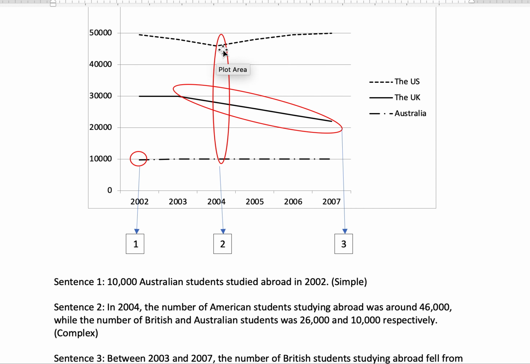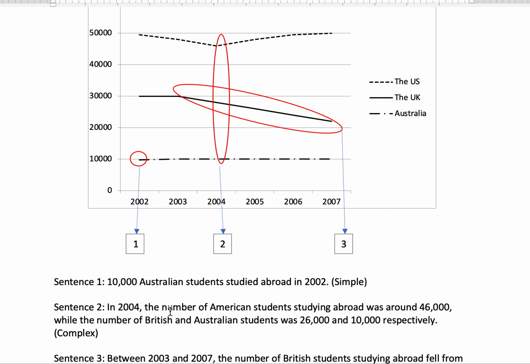So the number of American students was this much, while the number of British and Australian students was this much and this much respectively. Now you can see here in this sentence I've used while in the middle. I could have started this sentence from while also. So in 2004, while the number of American students studying abroad was around 46,000, comma, the number of British and Australian students was this much and this much respectively.